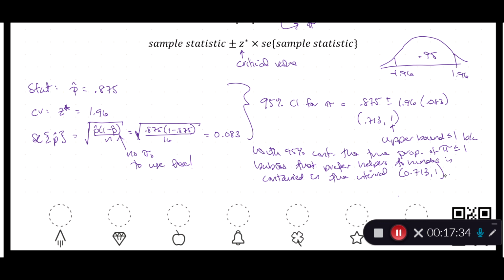The lower bound here is 0.713, which is 20 percentage points higher than what we would expect if babies preferred helpers due to chance. So even with just a sample of size 16, we are seeing pretty strong evidence, a very large effect, against the idea that babies are indifferent between helpers and hinderers.